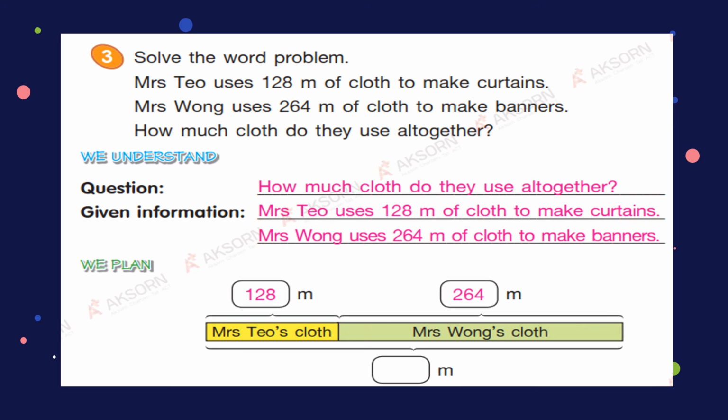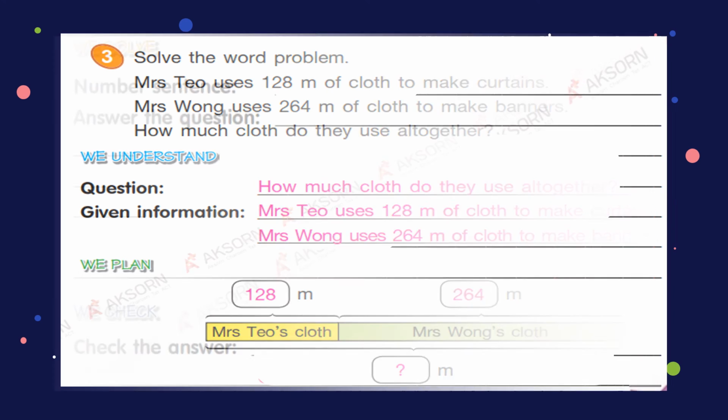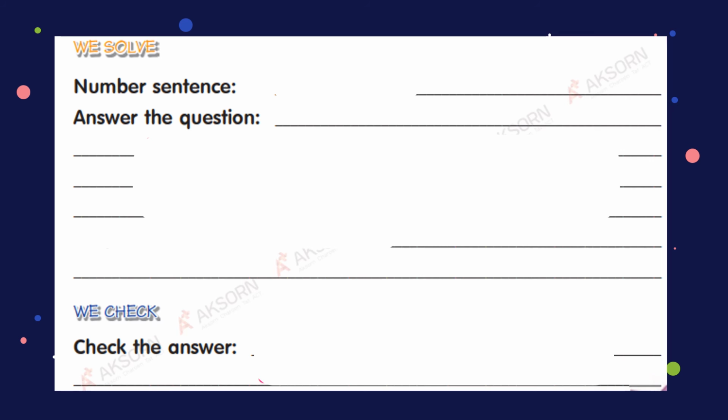We're going to add and then find out the answer. We're going to write it in a number sentence: 128 plus 264 is equal to blank.